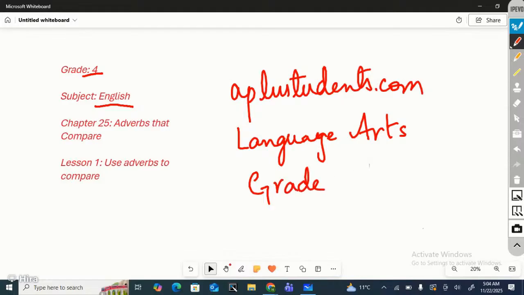Then move to grade 4. We are going to discuss chapter 25 today. It is named Adverbs that Compare.